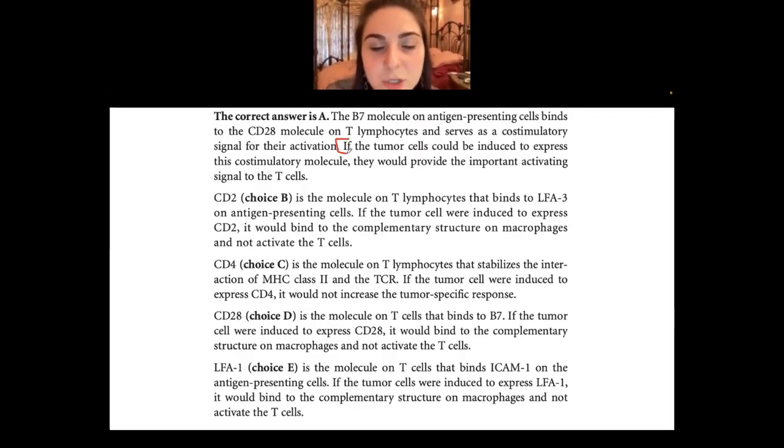They're saying let's induce the tumor cell to have this co-stimulatory molecule on it so that the T cell would think that it's getting signal 2. It's going to get activated. It's kind of like pretending this tumor cell is an APC. But that did make the question a little confusing.